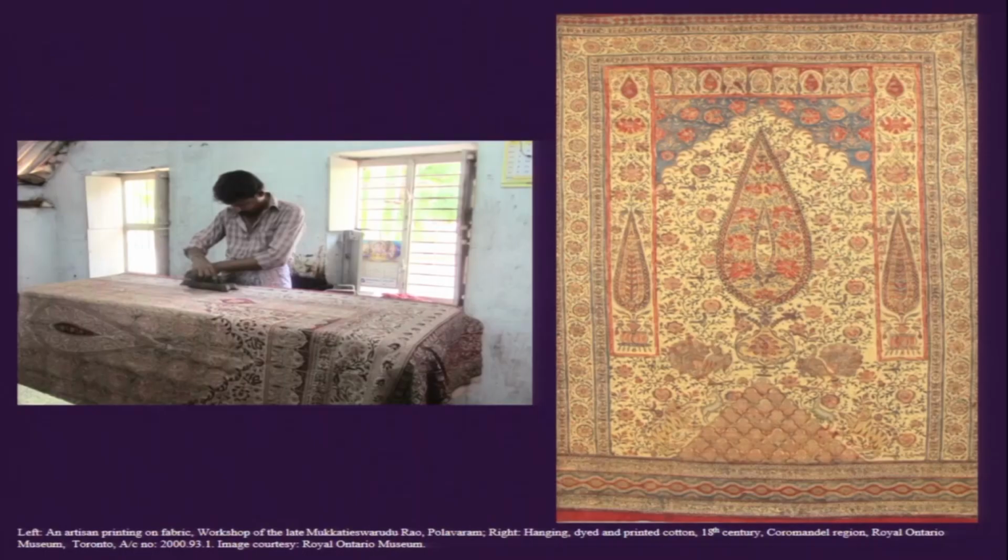So for example, if we consider this particular hanging, even though this entire image is printed, there is this overall creeper and flower motif that encompasses the entire area here. So this is something that is achieved by block printing.